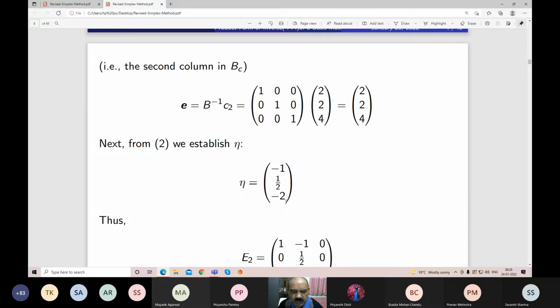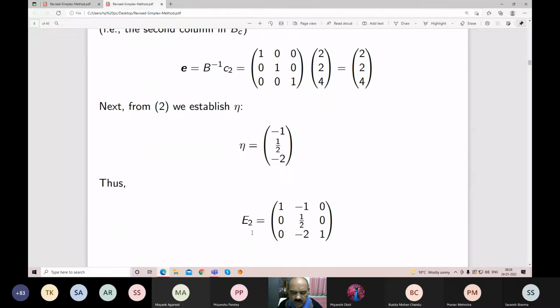Once eta is defined, we define E2. E2 is nothing but an identity matrix where the second column is our eta, with elements minus 1, half, minus 2. The other two columns are the same, so only the second column is different.